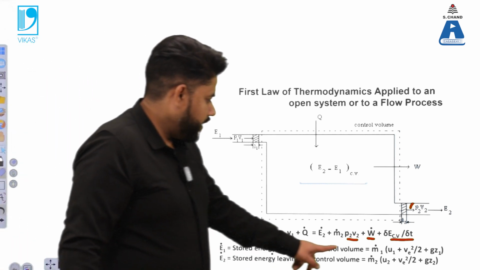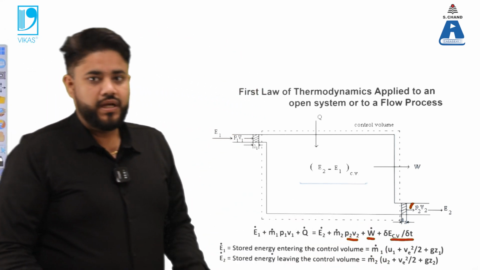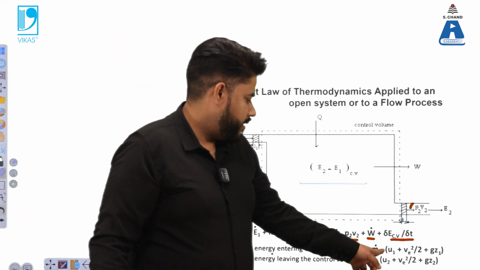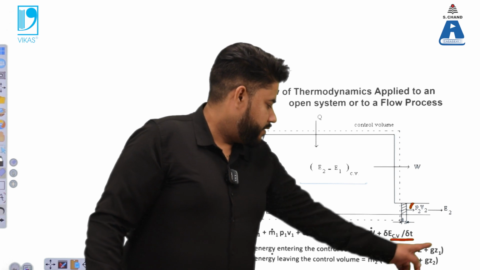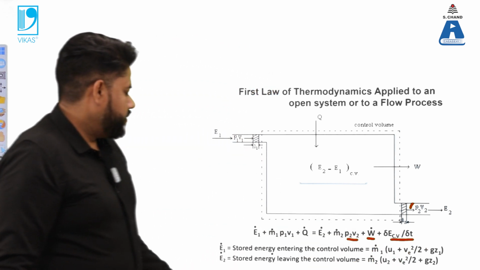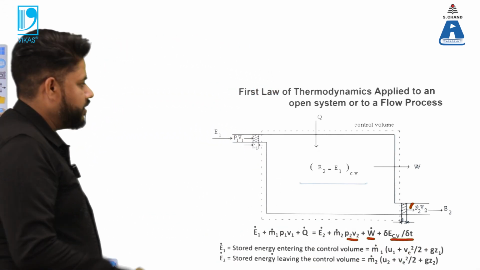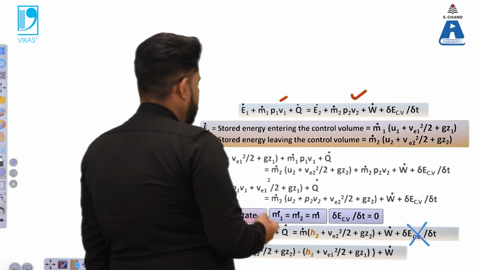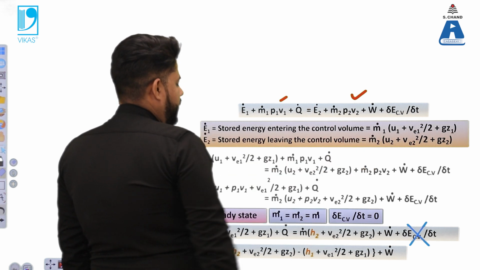So energy 1 is equivalent to this formula, which is internal energy plus kinetic energy plus potential energy, the same internal energy plus kinetic plus potential, and the second part is also related to that stored energy which is leaving that particular system. So this is one of the key aspects, and these two I have already explained.